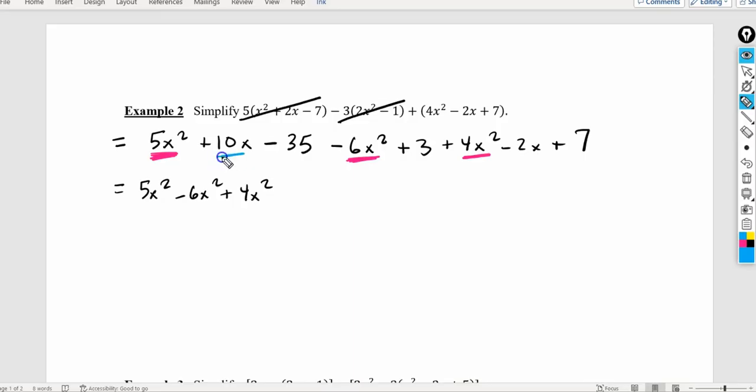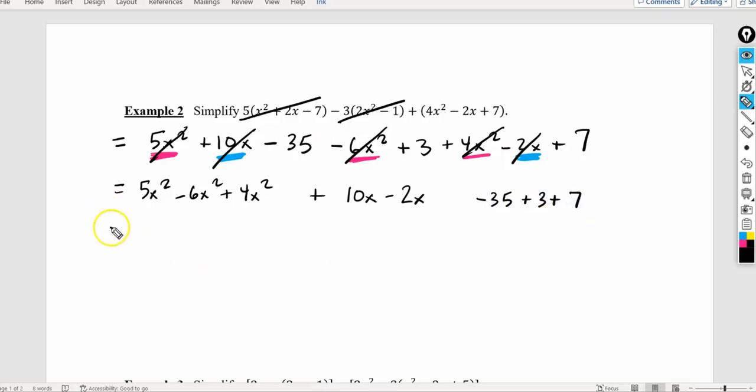And then I've got an x term here and an x term there, so I'm going to put those together. I'm just rearranging this. And then finally, I'm left with my constants alone that don't have any x terms.